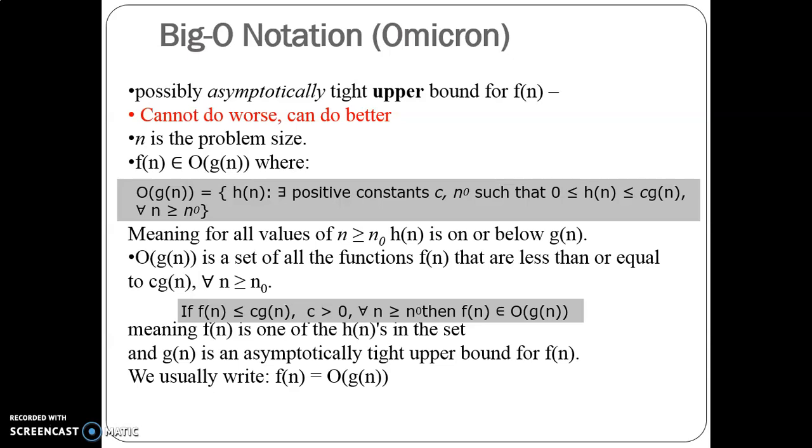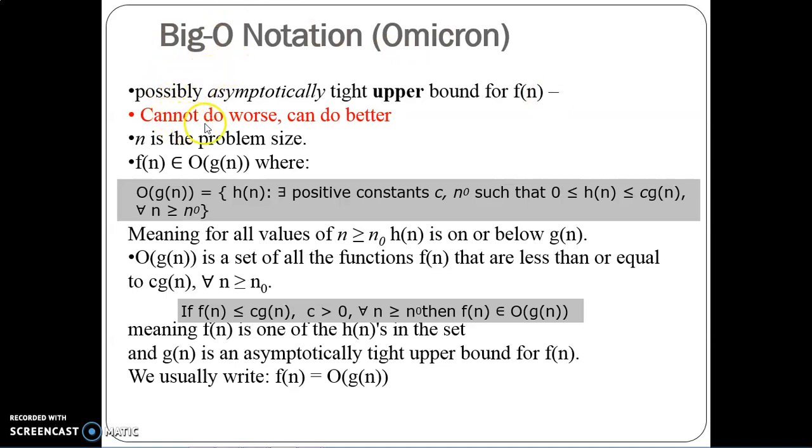Now all these three notations are used for expressing the best case, worst case and average case complexities of an algorithm. So the big O notation is used as an upper bound for a function f of n, where f of n is the complexity of the algorithm that you have calculated in terms of n, or is a polynomial of n.